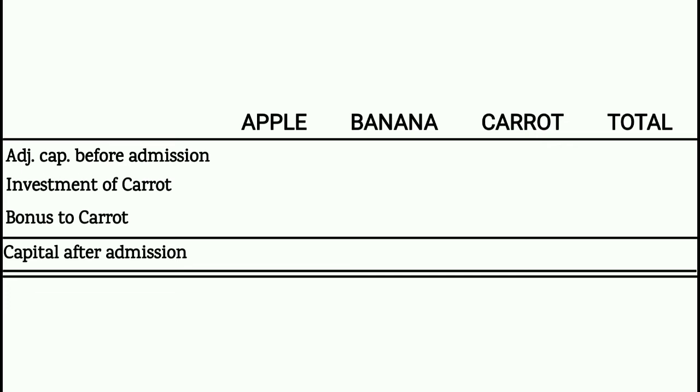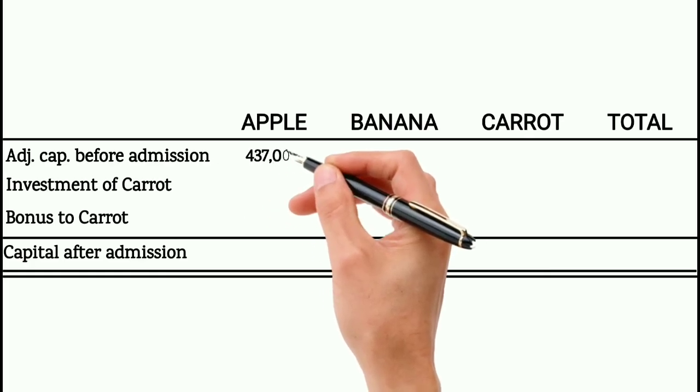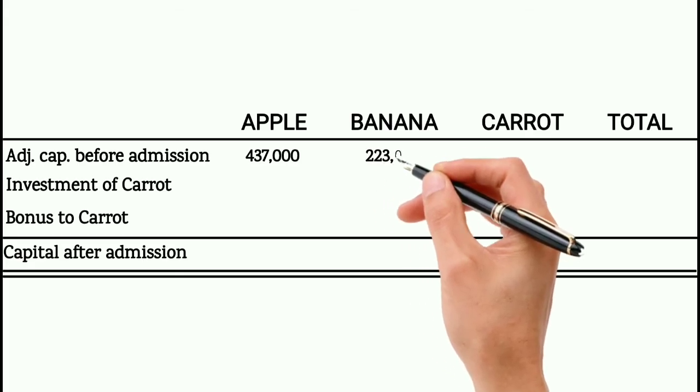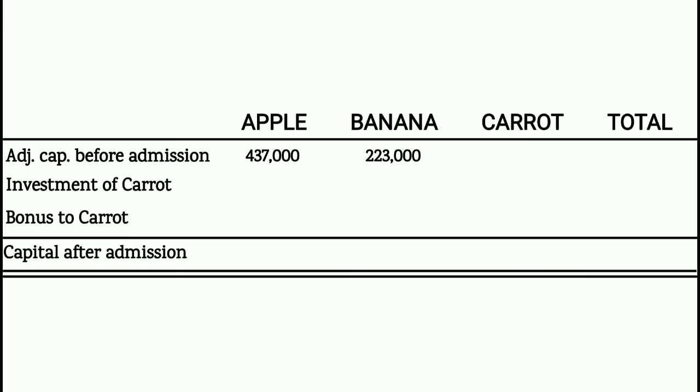I-compute naman natin yung capital balances ng partners after Carrot's admission. Ang adjusted capital before admission ni Apple ay 437,000 pesos. Ang adjusted capital before admission ni Banana ay 223,000 pesos. All in all, the total adjusted capital before admission is 660,000 pesos.